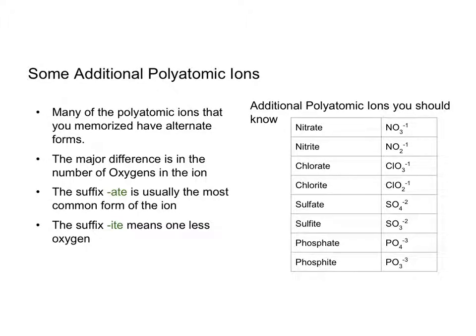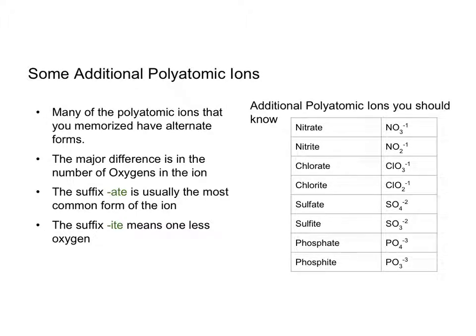However, the major difference is in the number of oxygens in the ion itself. The suffix of the polyatomic ion determines how many oxygens are present. So if a polyatomic ion has an ATE ending, that is the most common form of the ion. The similar ion that has an ITE ending means one less oxygen.